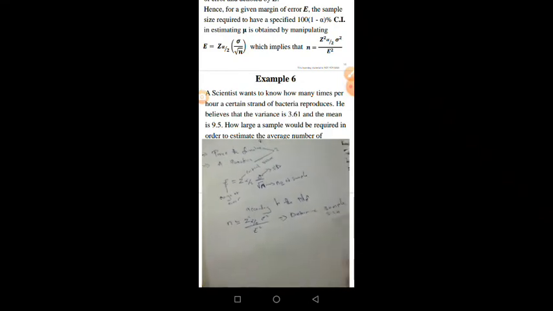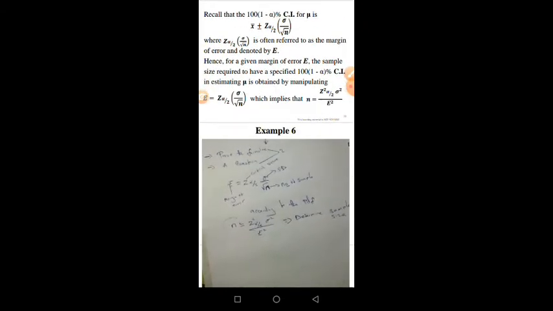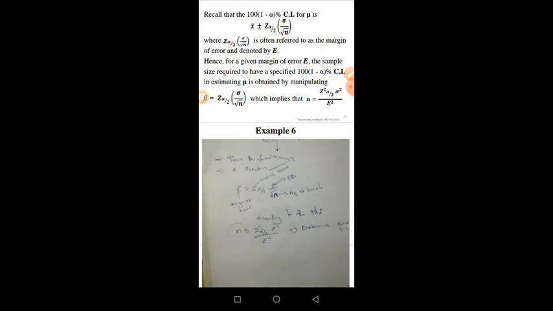And now, how did they get this formula? According to the PDF, they didn't really prove it, to save their time. But now I'll be proving it right now.